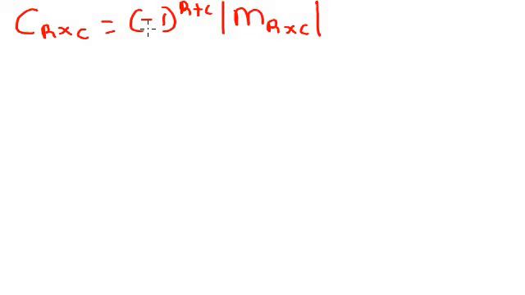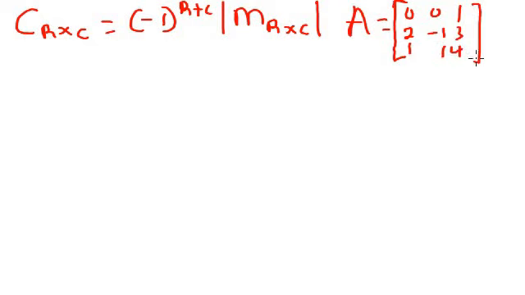To understand this properly, let's consider an example to demonstrate that. Consider the same matrix A, which consists of the elements 0, 0, 1, 2, negative 1, 3, then 1, 1, 4. Let's find the cofactor of all the elements in this given matrix. So the first one will be the cofactor of the element in the first row and first column.